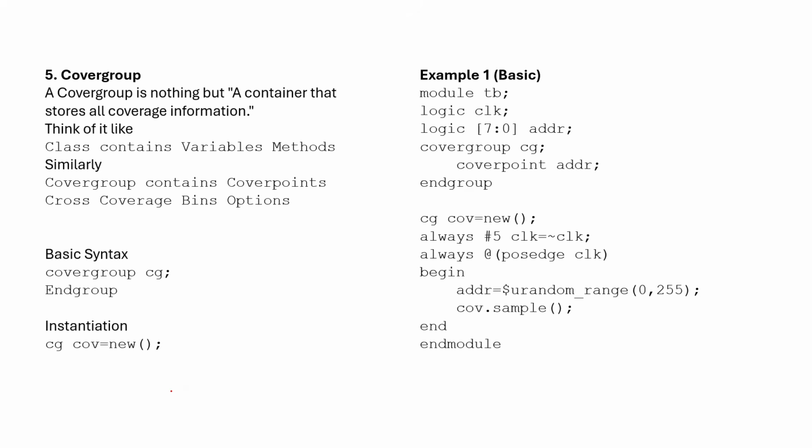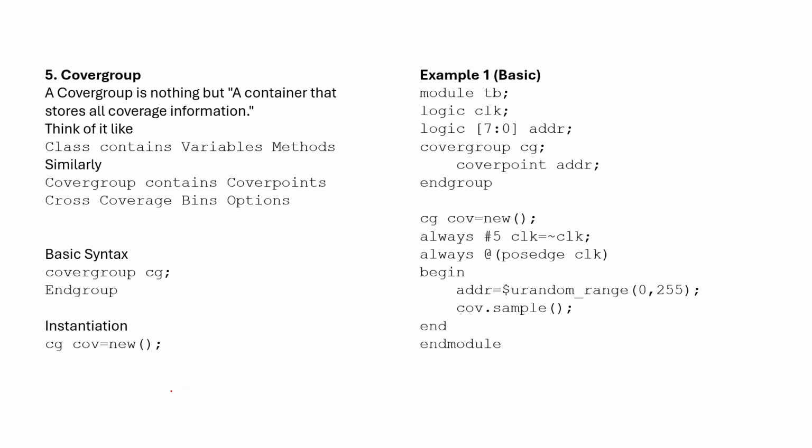So then the cover group, what is that cover group? We need to check different coverages like address and different scenarios, like read or write or read-write, and then reset, error, burst. All these things we are checking, right? So in that, we need to write different coverages. The cover group contains all the features.